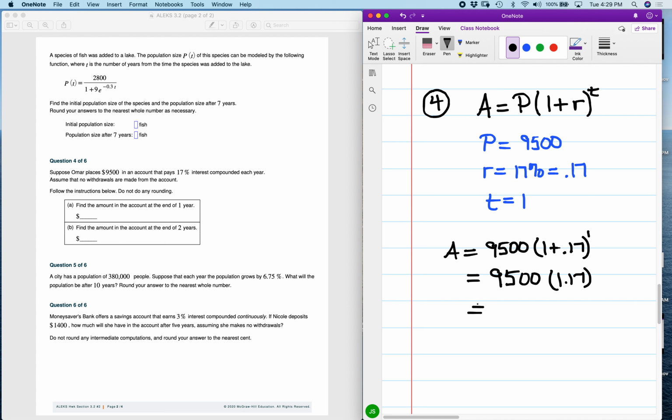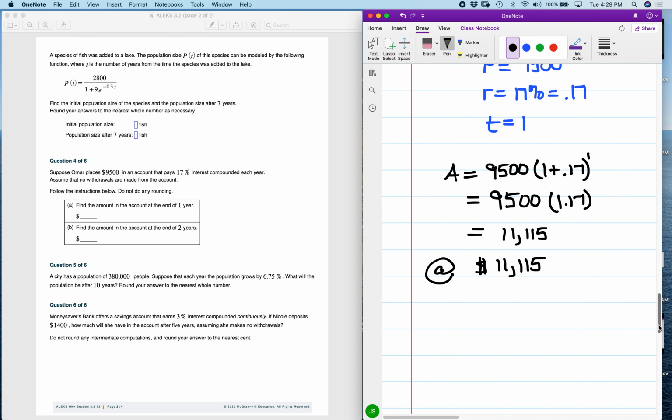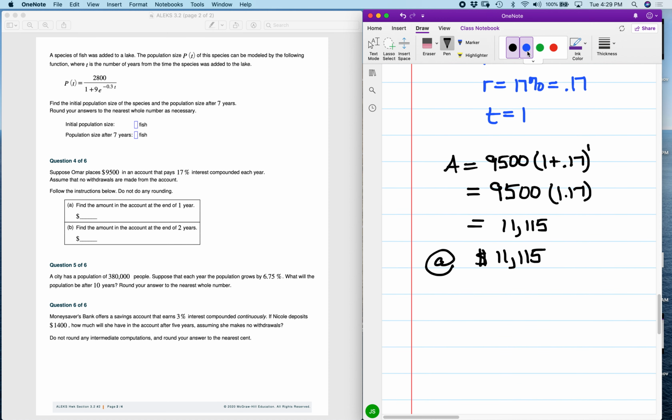For the result in this particular case, we're going to have about $11,115. So the answer to part A, we have $11,115.